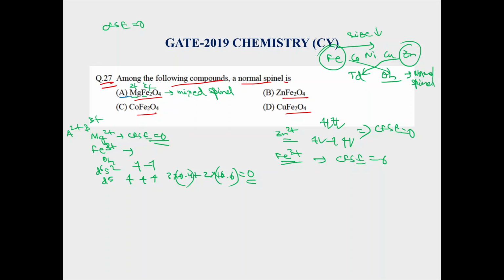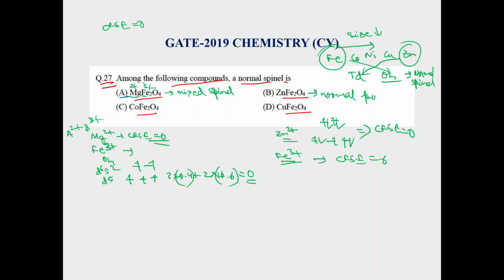If these two had comparable size, then it would also have been mixed spinel. But since in this case there is a size difference, the smaller ion goes to the tetrahedral void, and the larger, bigger one goes to the octahedral void. Therefore, it will give a normal spinel structure. So for option number B, it is normal spinel.